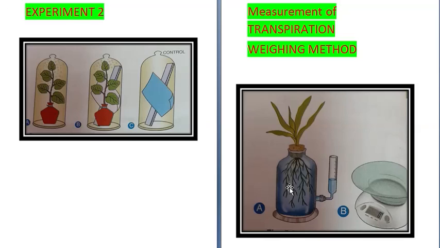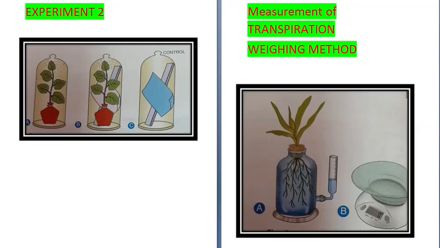An improved method is to take a glass bottle which is linked with a graduated side tube. Graduated means which has markings on it. After leaving the plant for some time in sunlight, you will see the water level in the side tube falls. This shows that water has been lost by the plant in the process of transpiration.